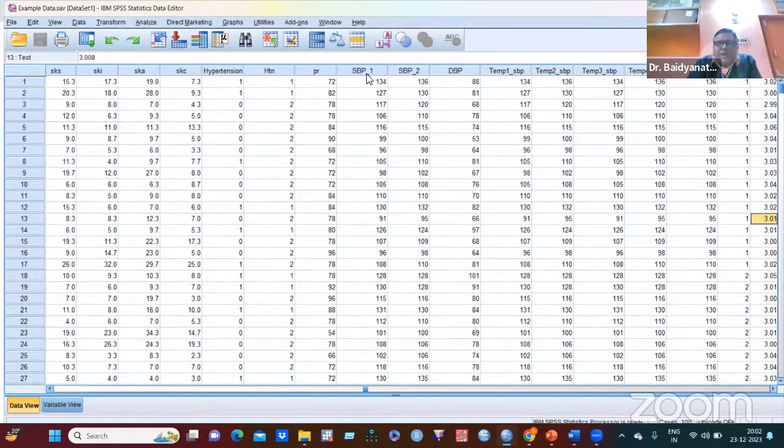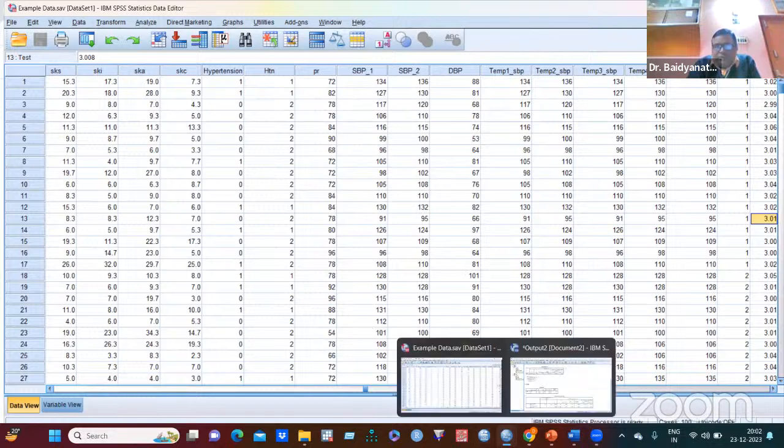Now, from this mean and from this mean, is there any significant difference or not? I want to check. So in such a situation, we can apply paired t-test.